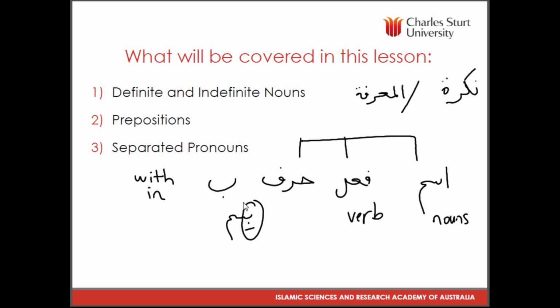Separated pronouns, the last topic for today. In Arabic, when we say separated pronouns, we mean damir. It is good to memorize these terms, and it is important to understand what they mean. When we say separated pronoun, it is a damir.